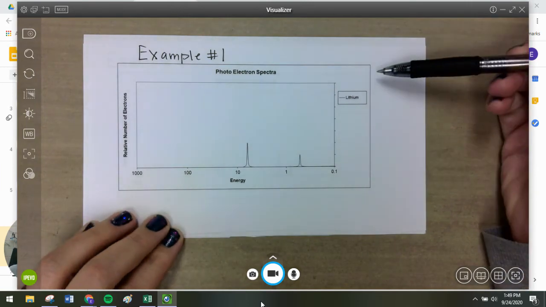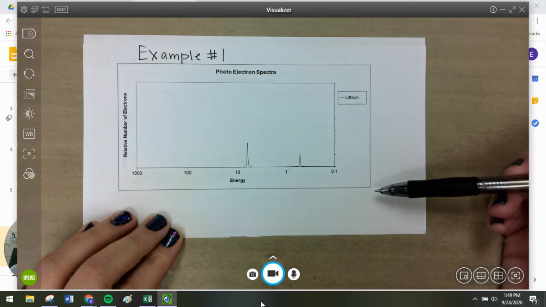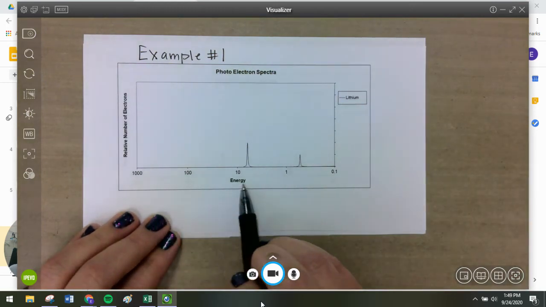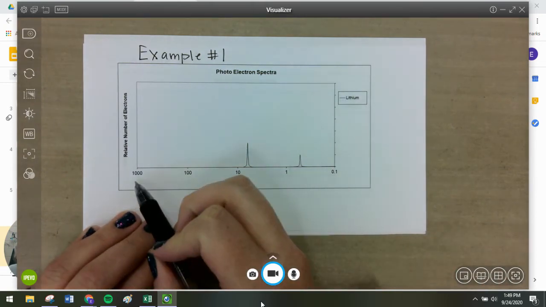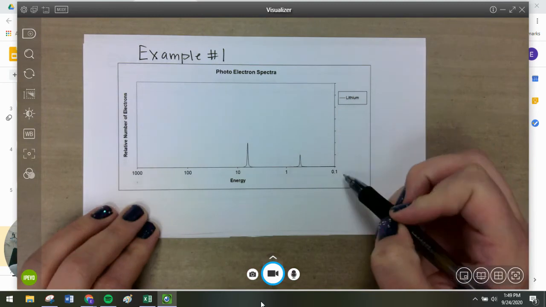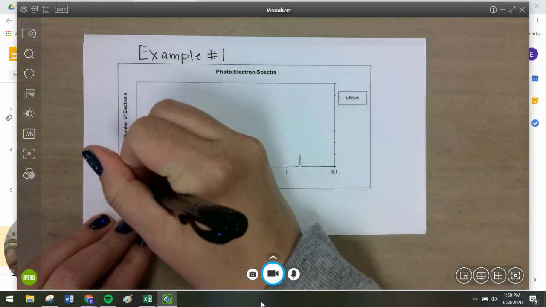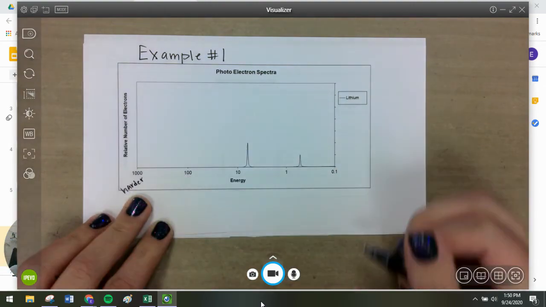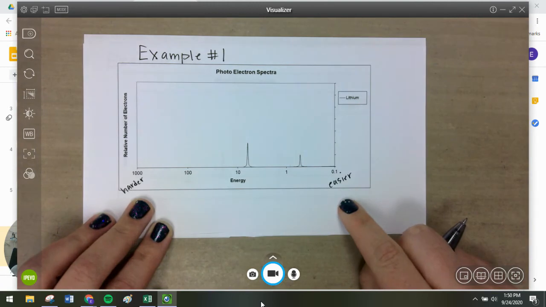This is an example of a spectrum that you're going to get for a PES diagram. Like I said, you're going to see energy on the x-axis. Higher energies mean it's harder to take away electrons, and lower energies mean it's easier. So it's harder to take an electron away if it has a high energy, and it's easier to take an electron away if it has a lower energy.